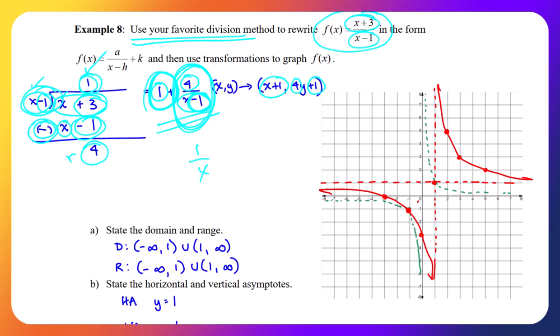So let's take our middle point of our green graph, and it shifts to the right 1 and up 1. But this point that used to be here, 1 above the x-axis, is now stretched to 4. The point here used to be at -1, now it's stretched to -4. And then for symmetry, we have these other points.